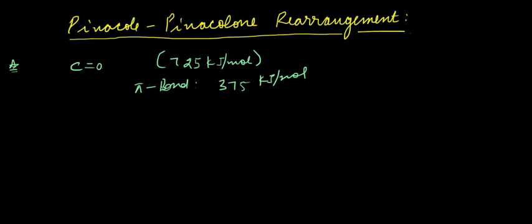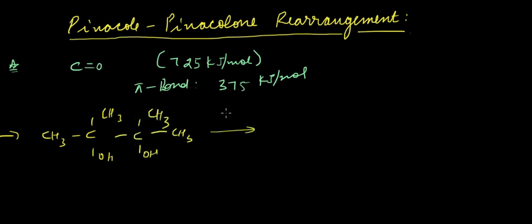So suppose I have something like this. I have this organic compound, and we are passing it in an acidic medium, and we are providing heat. So we find this as the major product of this reaction.